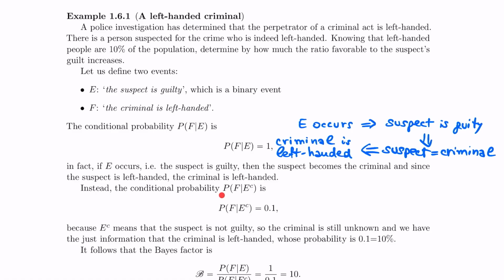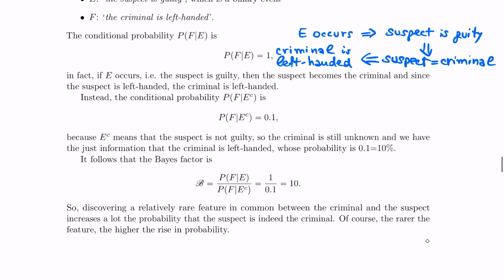Instead, what is the conditional probability of F given the complementary of E? Well, the complementary of E is the fact that the suspect is not guilty. This means that the criminal is still unknown, and we have just the information that the criminal is left-handed, whose probability is 10%.